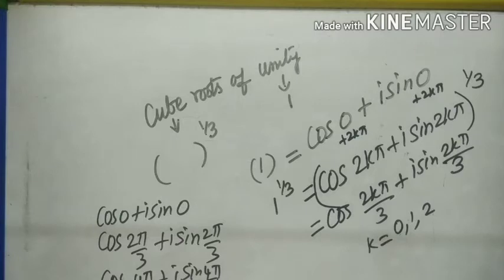How many answers? I have given 3 different answers. Simplify this value: cos 0 + i sin 0 is 1. Next, cos 2 pi by 3 + i sin 2 pi by 3. For this we have to remember the trigonometry table. It can be written as pi minus pi by 3.